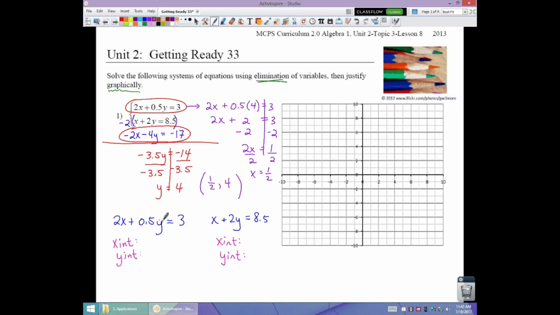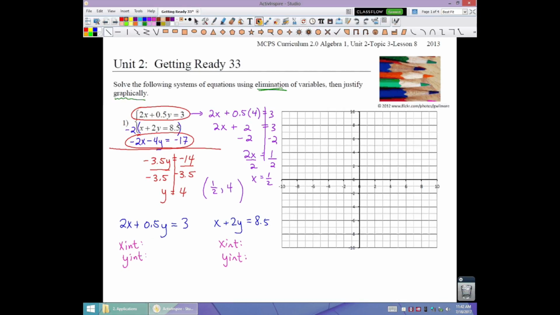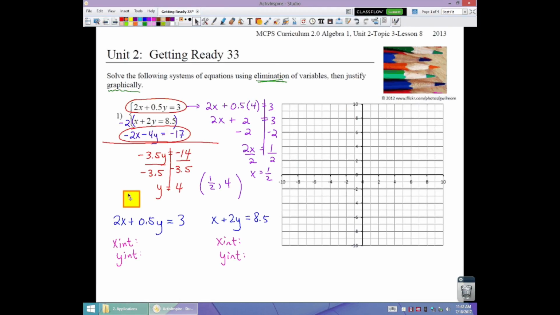Okay? So momentarily, just pretend that's not there. When we did this previously, I pulled out a little square to cover it up. Of course, that's not covering, still able to see it, but pretend that's not there. 2x equals 3. Well, if I divide both sides by 2, that means my x-intercept is 1.5.